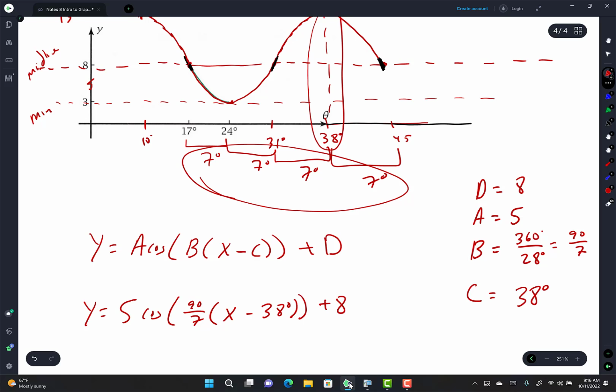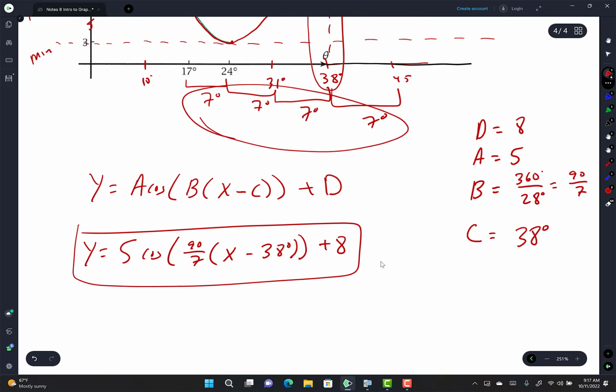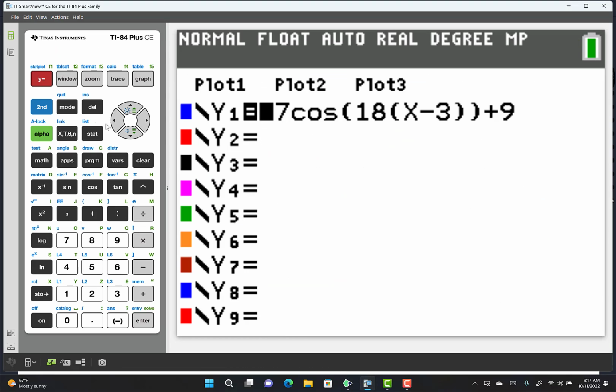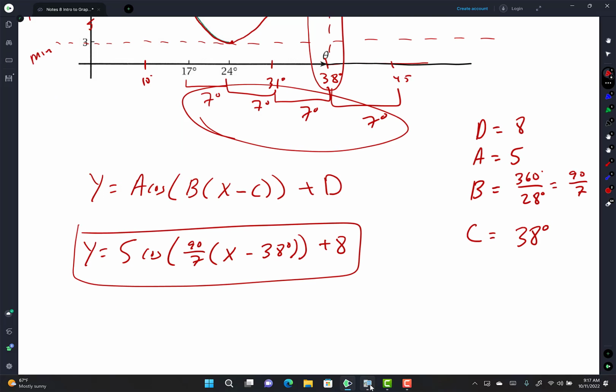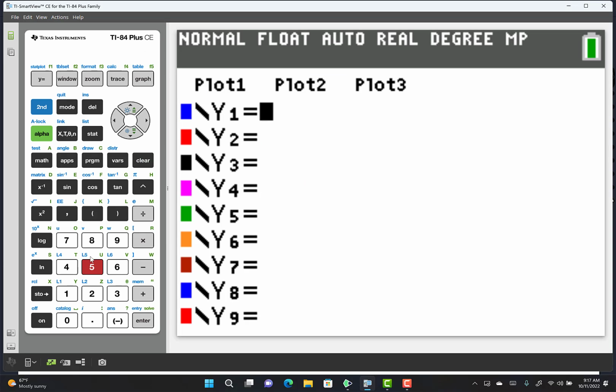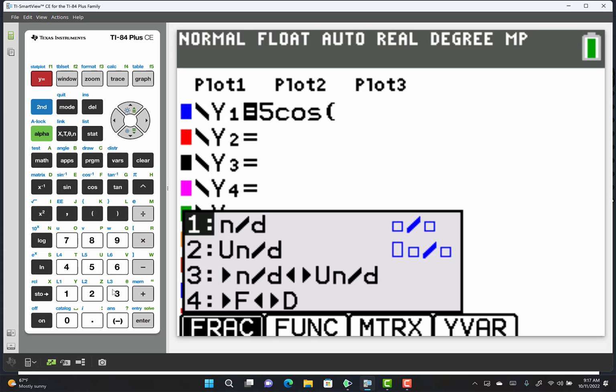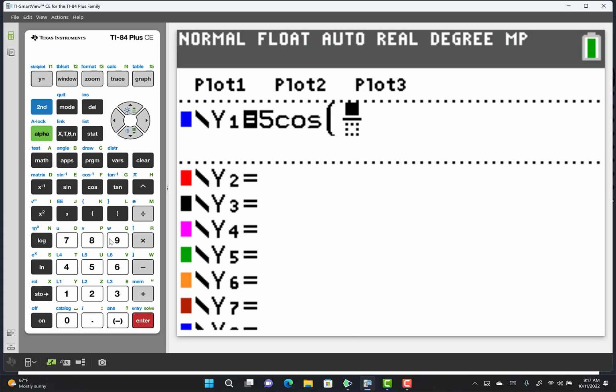If we're in degree mode, you usually want to put a degree in there, but it's not going to be a big deal if you don't put it in there. And there it is, guys. And then I would check it if I were you. So how do you check it? You go to the calculator, and I'm going to go back to y equals. I'm going to clear this one. 5 cosine, and then you can use the alpha fraction feature like that, and you can put 90 over 7.